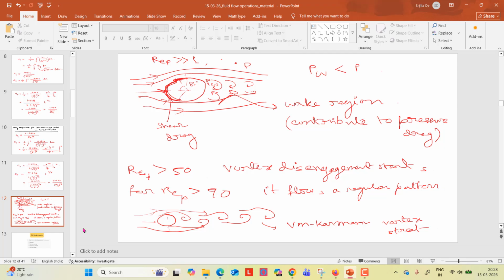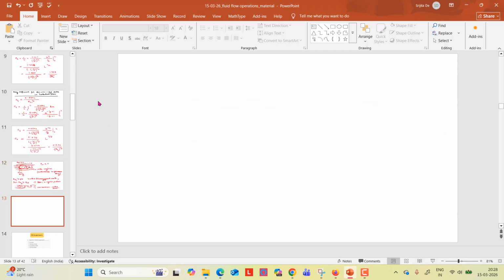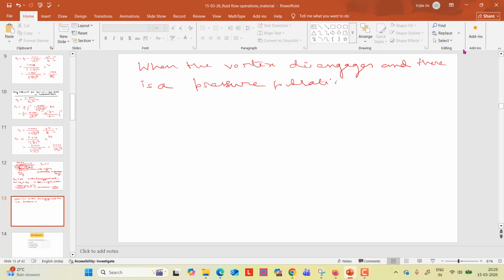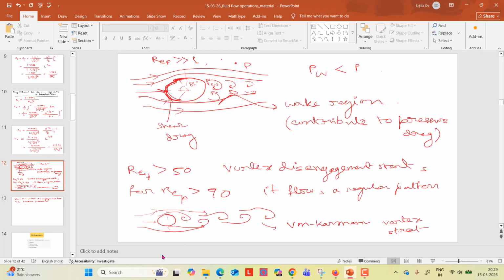Now, when the vortex disengages, there is a pressure pulsation, that means the pressure is continuously fluctuating in this region because vortex disengagement starts here, right?